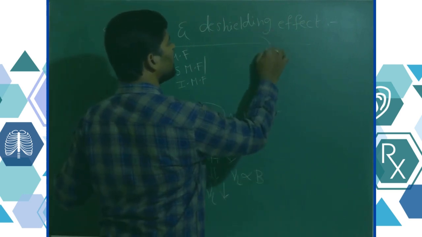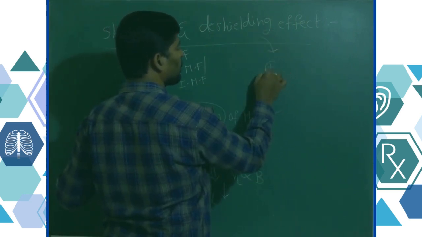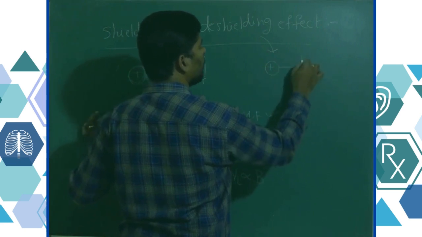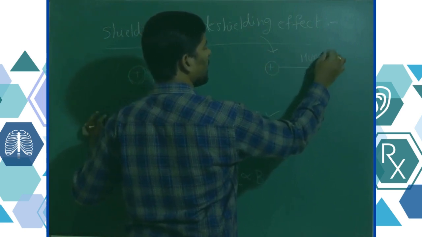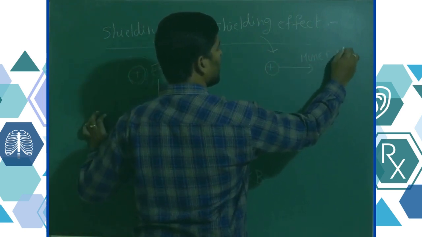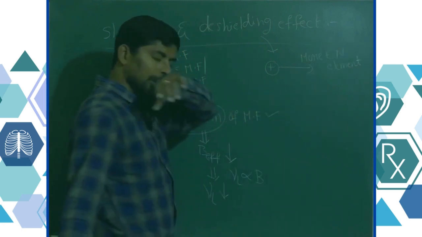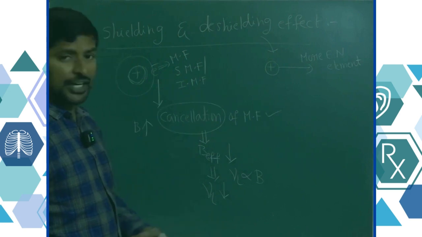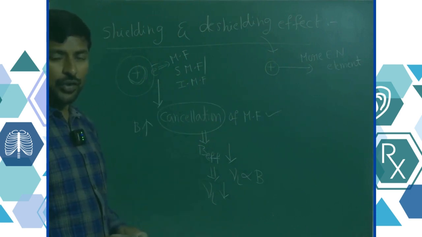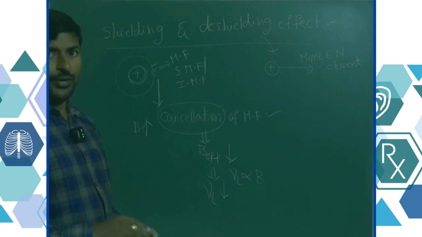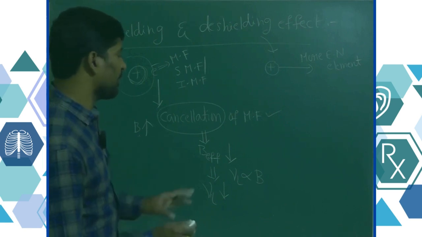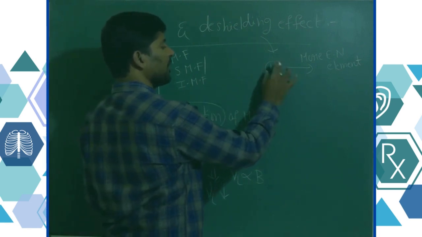Now, the de-shielding effect. Whenever a proton is attached to a more electronegative element or electron withdrawing group, for example HCl, chlorine is more electronegative. Then what happens?